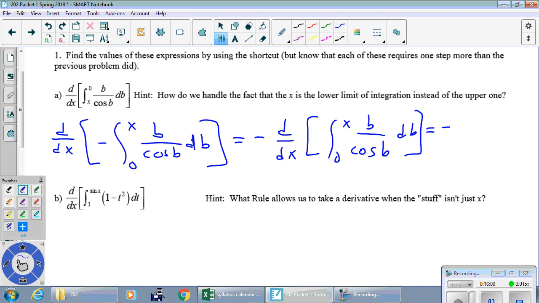I'm copying the negative sign from the front, and then the rest of this, the derivative of the integral from 0 to x, just means change the b's in the integrand to x's. So our final answer is just the negative in the front, change the b's to x's. Negative x over cosine x, and that's it. So the only work involved here was swapping the limits of integration so that it looked exactly like the form of the fundamental theorem part 2.